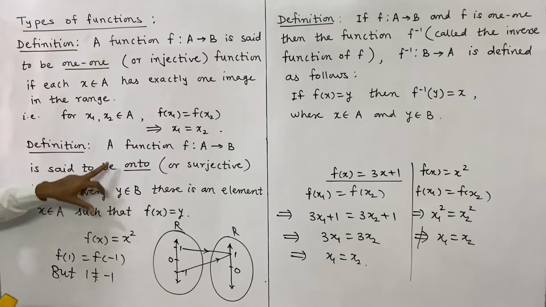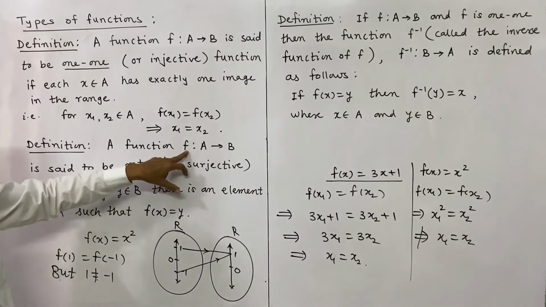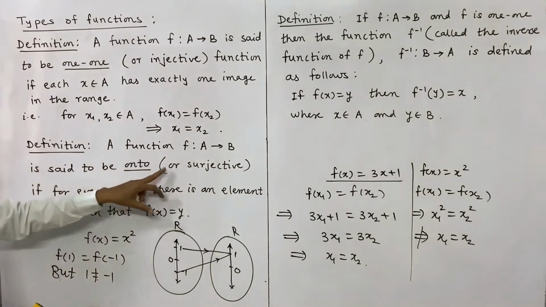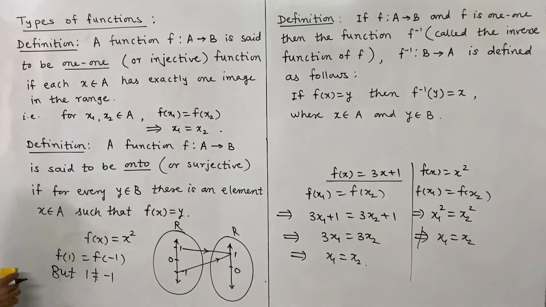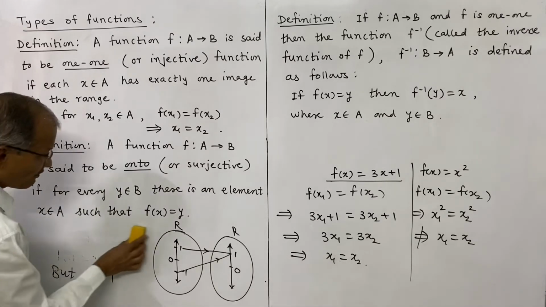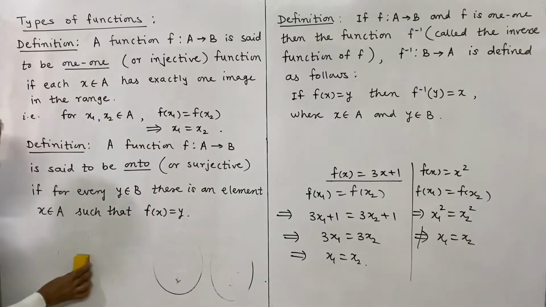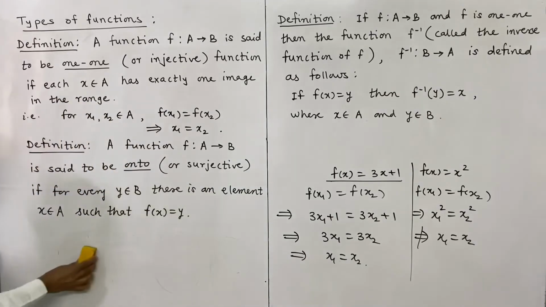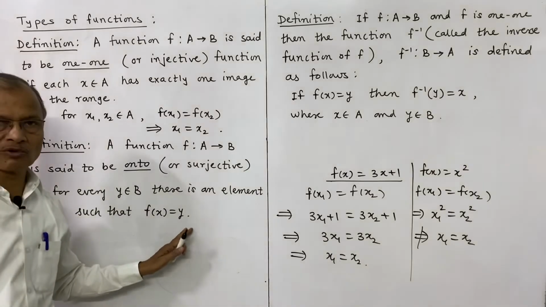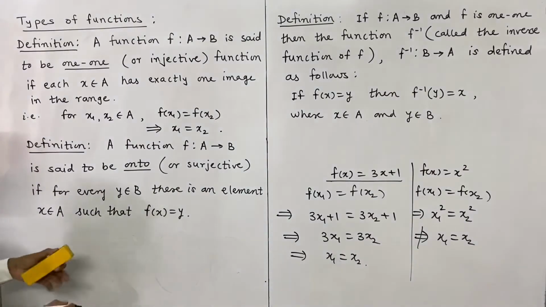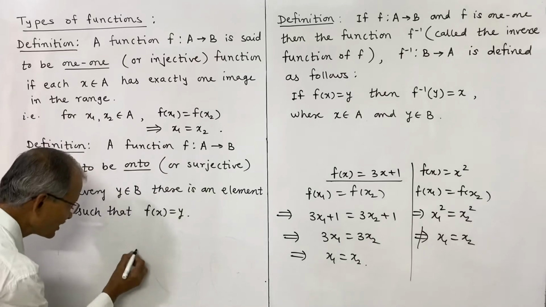Next we shall see what is an onto function. A function f from A to B is said to be onto, also known as surjective, if for every y belongs to B there is an element x belongs to A such that f of x is equal to y. That means every element in set B has an inverse image.